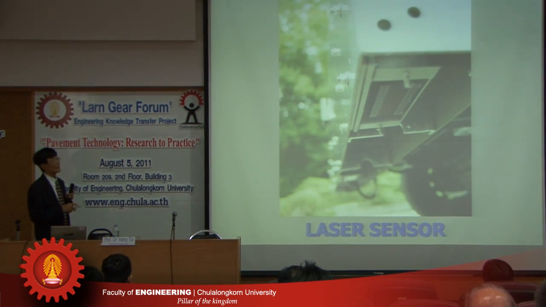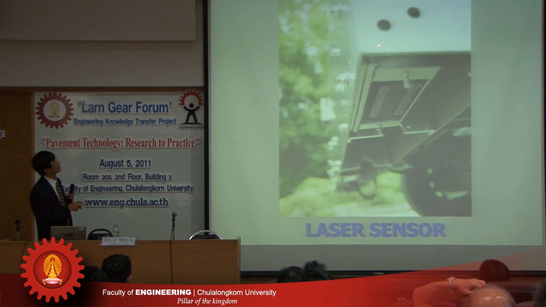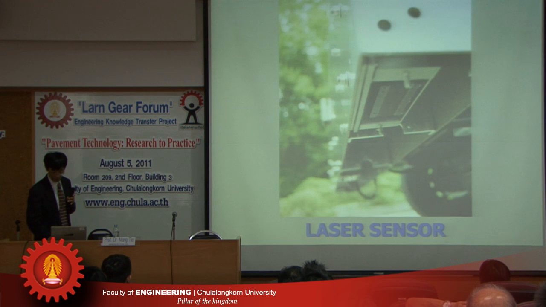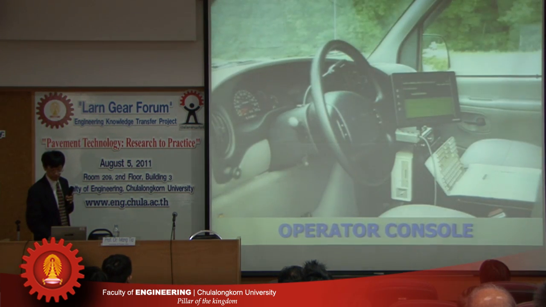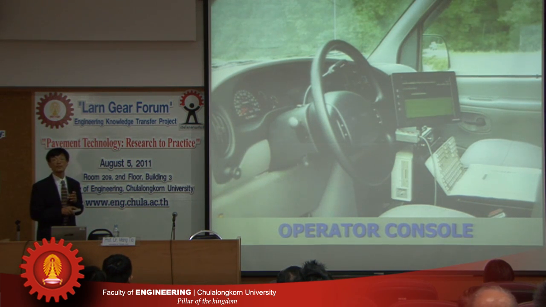There are 3 lasers mounted underneath this front bar, the laser sensor. Usually it takes only one person to operate. The operator would drive over the road to be evaluated, and this console here could record the starting and the finishing point.